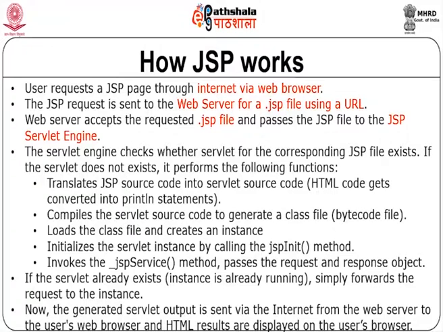The whole process takes place if the servlet engine finds that the particular servlet does not exist. Suppose the servlet already exists, that is, the instance is a current instance or an earlier instance which is already running, then it simply forwards the JSP request to that corresponding instance. Once it has been forwarded, the response object is created.